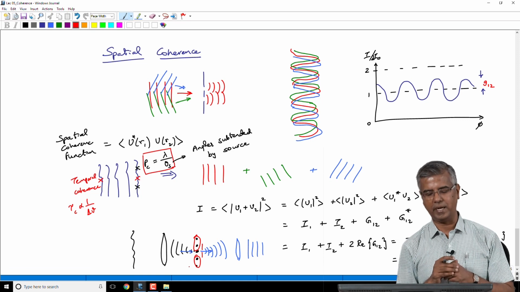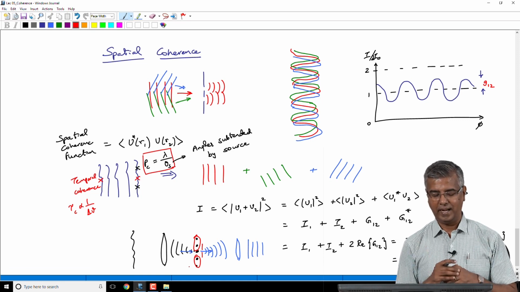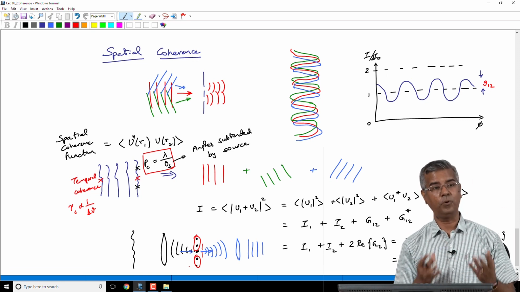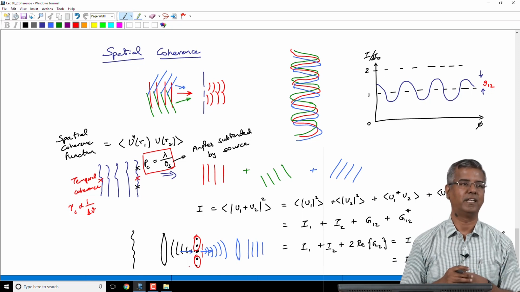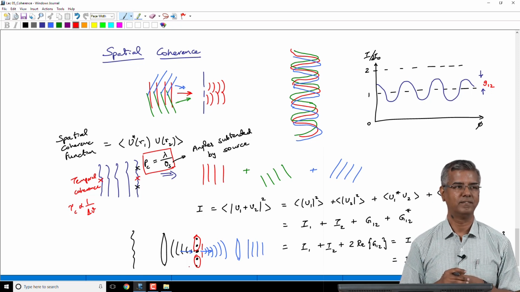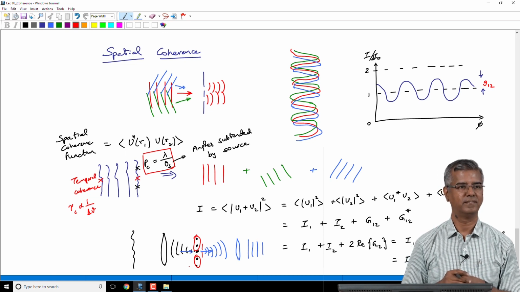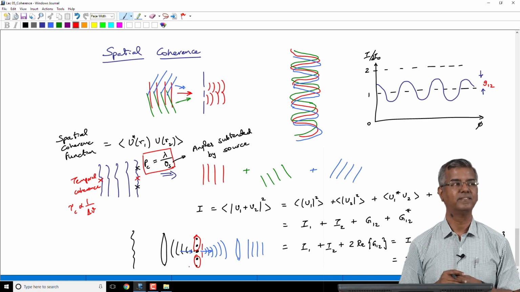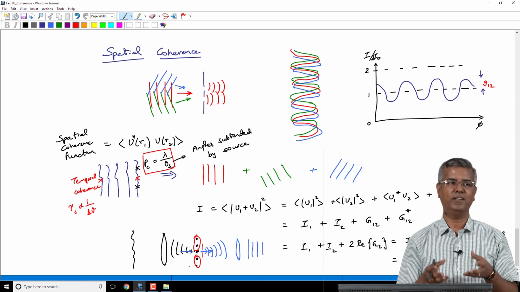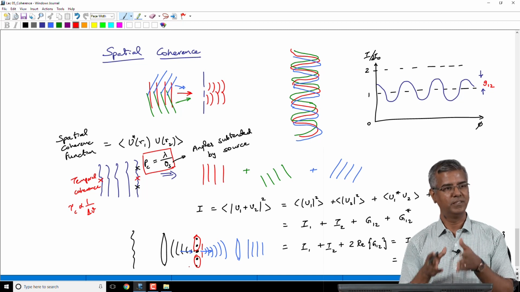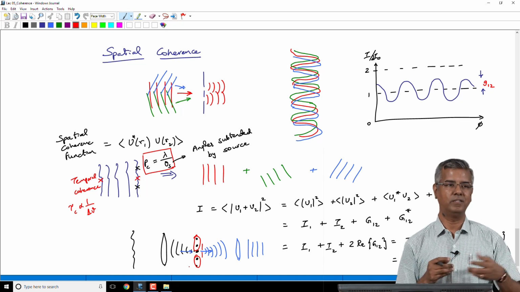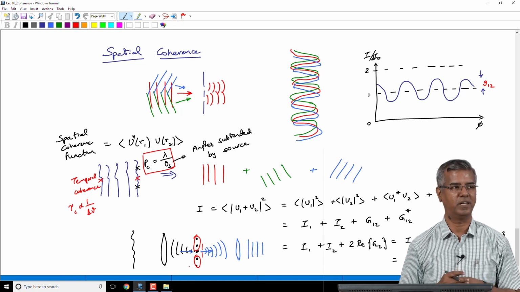Now that I told you that, can I ask this other question? Can I improve the temporal coherence of light? What do you think? Can I improve the temporal coherence? Yes. I mean, if I can find a filter to do the spatial coherence, I can find a filter to improve temporal coherence also.